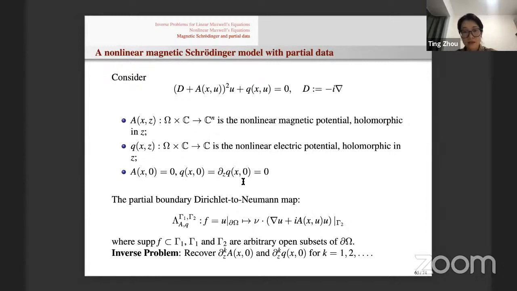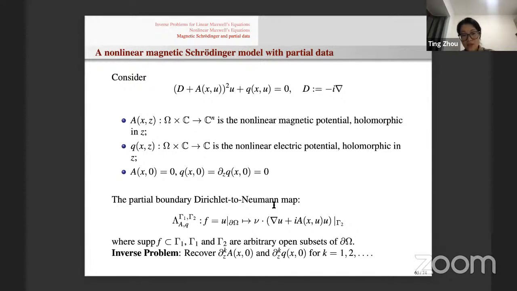Okay, and then you can do linearization. The linearized equation for this equation is only the Laplacian. That's apparently a restriction of this kind of approach when you're using partial boundary data as a measurement. I'll show you a little bit more why that's the case. Okay.